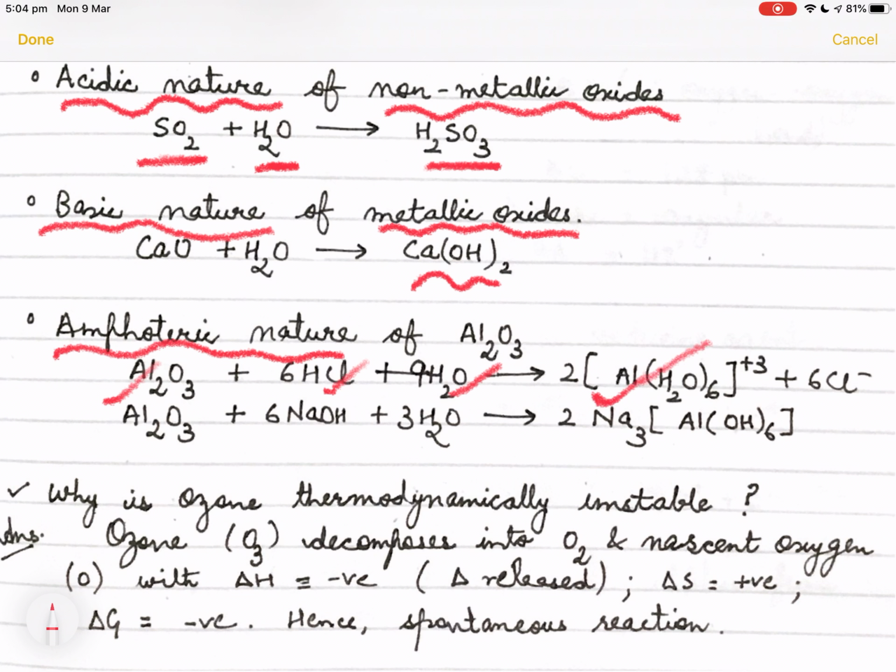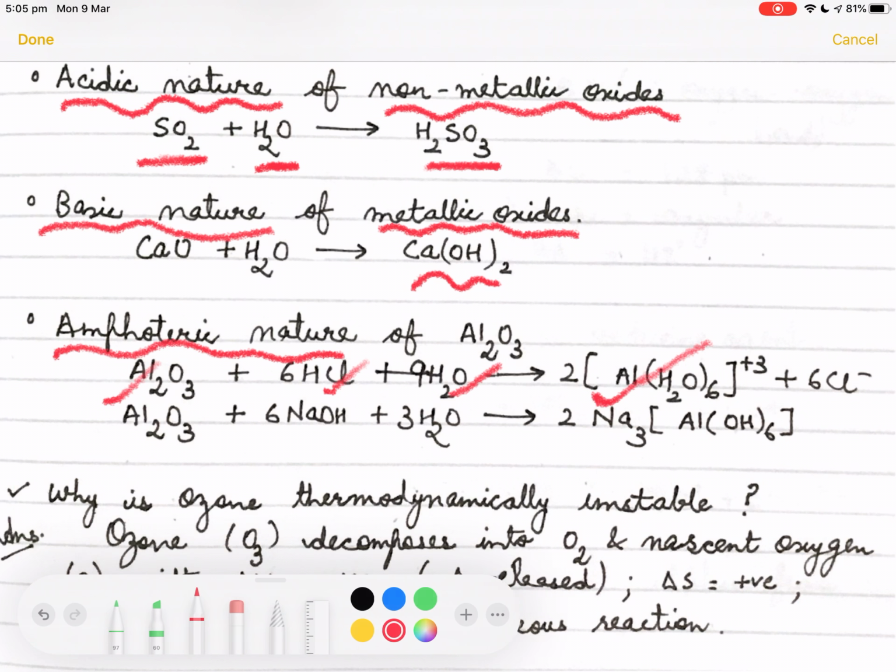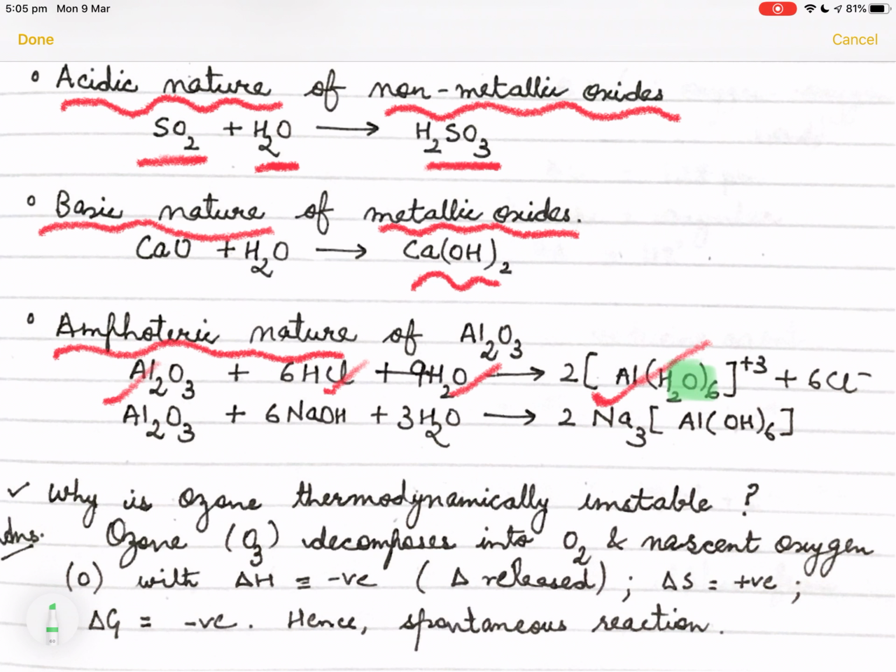To understand the complex better, we're going to get into chapter 9. After this, I'll talk about the d block, and then I'll be talking about coordination chemistry. So in chapter 9, that is coordination chemistry, we'll be learning about these complexes. I'll just give you a little idea that here you can see water, H2O.